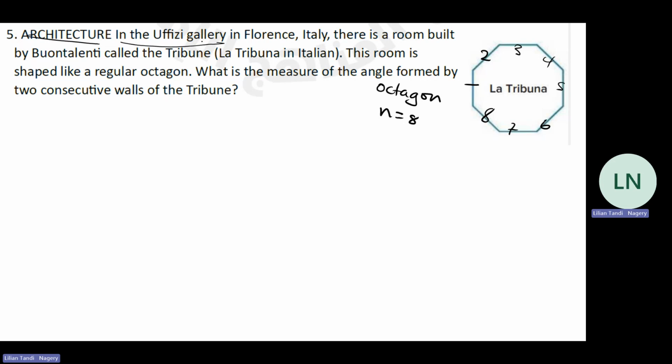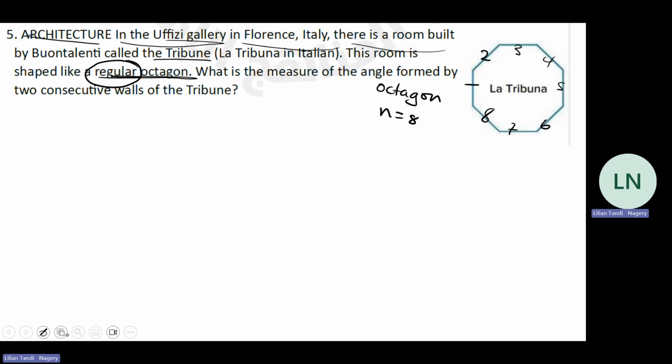In Uffizi Gallery in Florence, Italy, there is a room built by a person called Bontalenti. And the room is called the Tribune, La Tribuna in Italian. This room is shaped like a regular octagon. When it says regular, what does that mean?